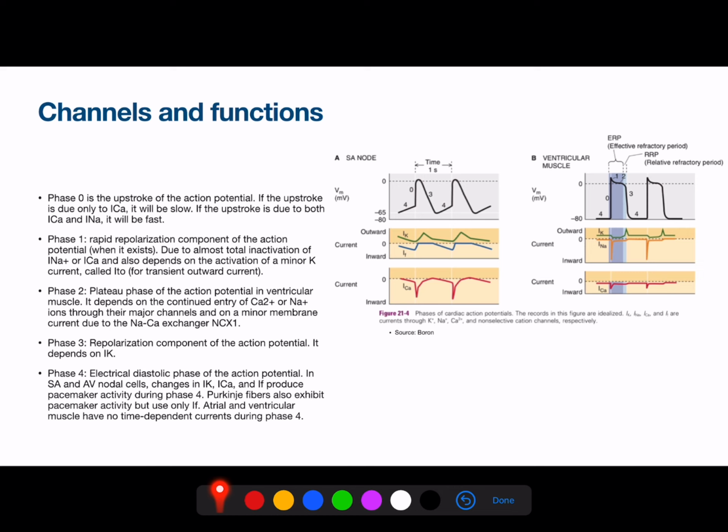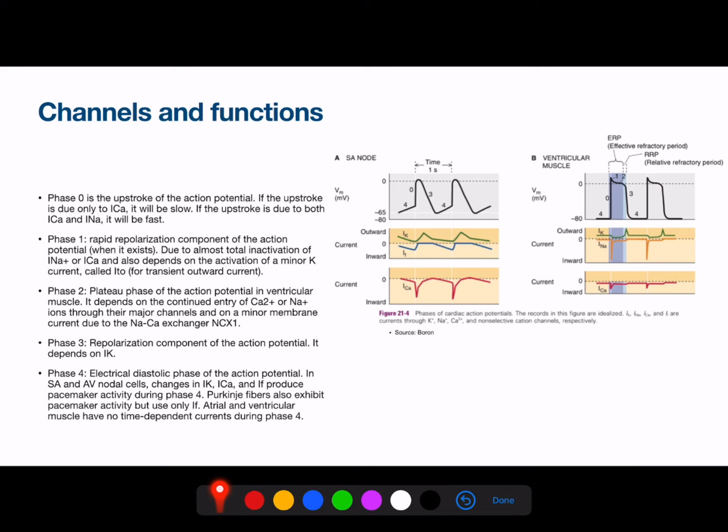Then phase 1, which is not present in the SA node and the AV node, leads to a rapid and very short repolarization of the action potential. This is due to complete inactivation of the sodium and calcium channels and a minor activation of a repolarization current called Ito, which stands for transient outward current.